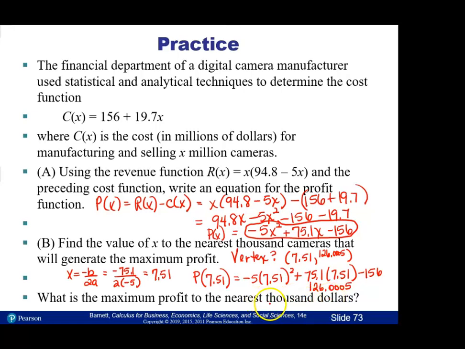I'm not concerned about translating it to thousands of dollars, but you should recognize that approximately 126 million is the maximum profit. So the maximum profit occurs when 7.51 million cameras are produced, and the maximum profit that you're able to generate is $126 million.